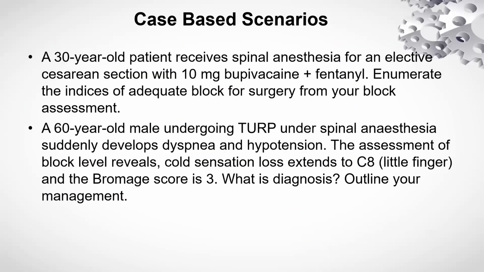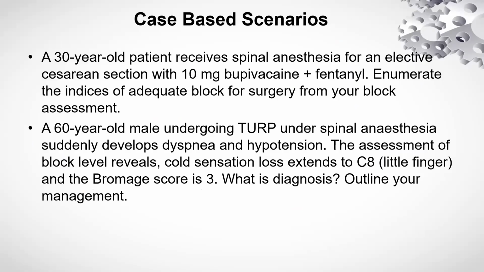Okay, so these are case-based scenarios for spinal. A 30-year-old patient receives spinal anesthesia for an elective cesarean section with 10 milligrams of bupivacaine plus fentanyl. So what are the indices for adequate block for surgery, from your block assessment?